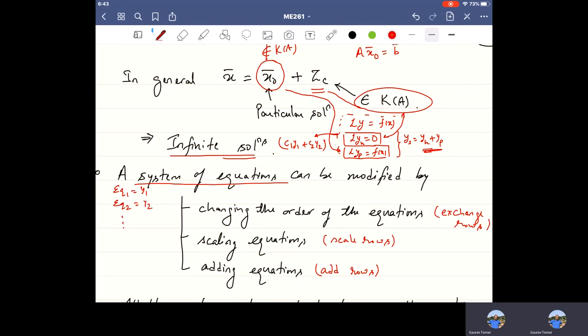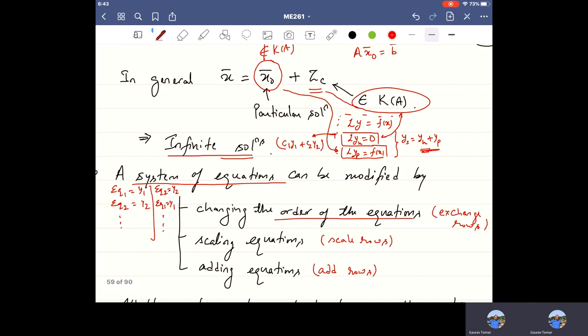We can say that the same system can be written as equation 2 equal to y2 first, equation 1 equal to y1, and that will not change the system of equations. That means if I change the order of the equations, which, if I'm writing in the matrix form, what I'm doing is I'm going to exchange the rows. That's what looking at different equations would mean.